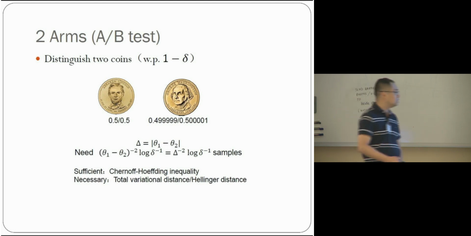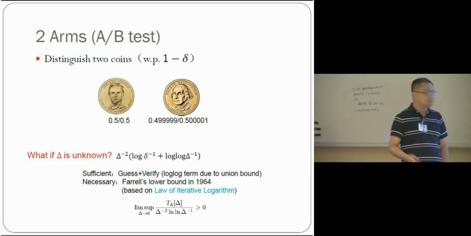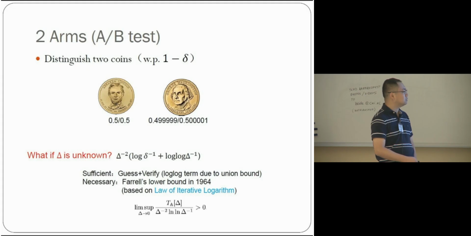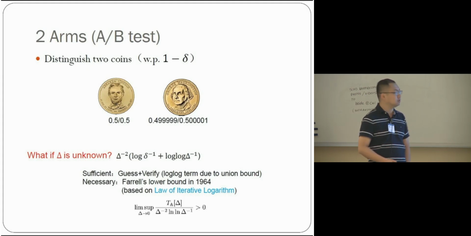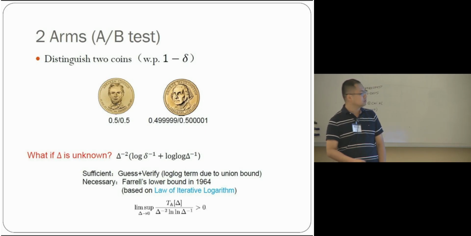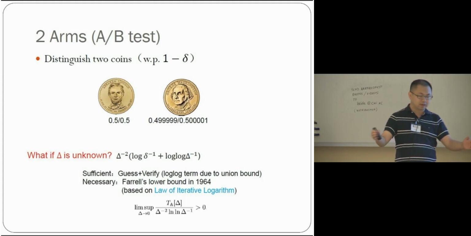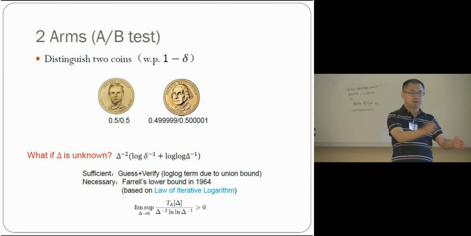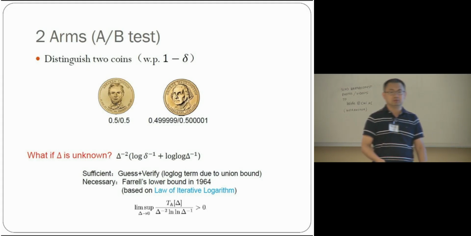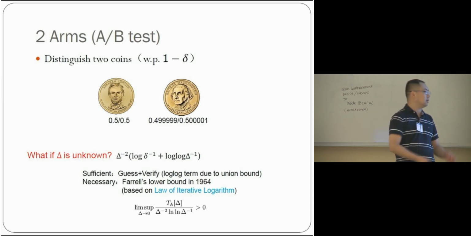If the gap is not known, the bound becomes a little bit more interesting, and there's an additional log-log term. We can easily find an algorithm based on guess and verify. We guess the gap by an exponentially decreasing sequence, and we verify each of our guesses.